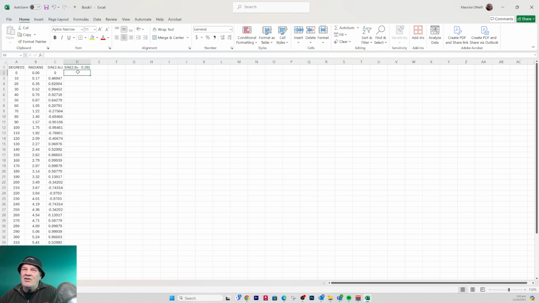And so to do that, we again go to the radians. So it's sine bracket 2.8 times the radians there.